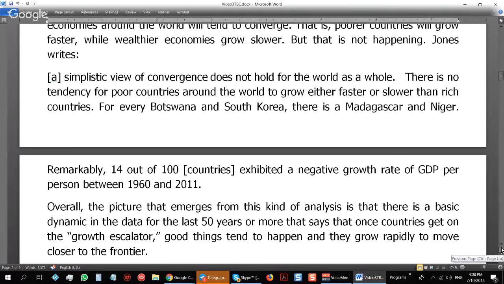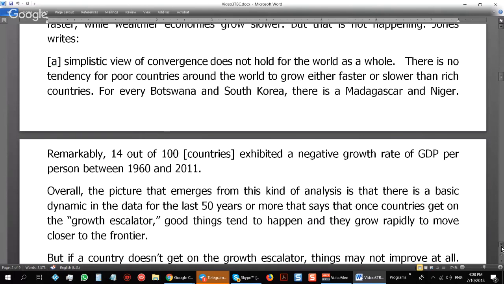For every Botswana and South Korea, there's a Madagascar and Nigeria. Remarkably, 14 out of 100 countries exhibited negative growth of GDP per person between 1960 and 2011.